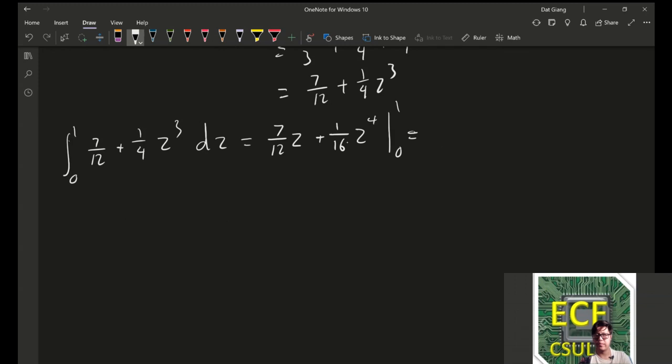If we plug in 0, similarly, all of them disappear. We plug in 1, we get 7 over 12 plus 1 over 16. And this right here becomes our result. We can simplify it if we like, but that's our result.